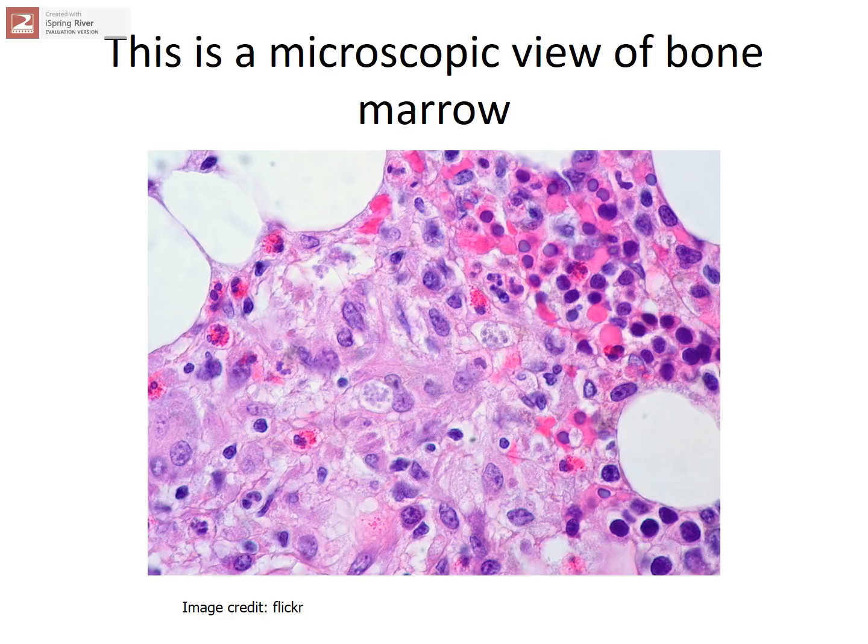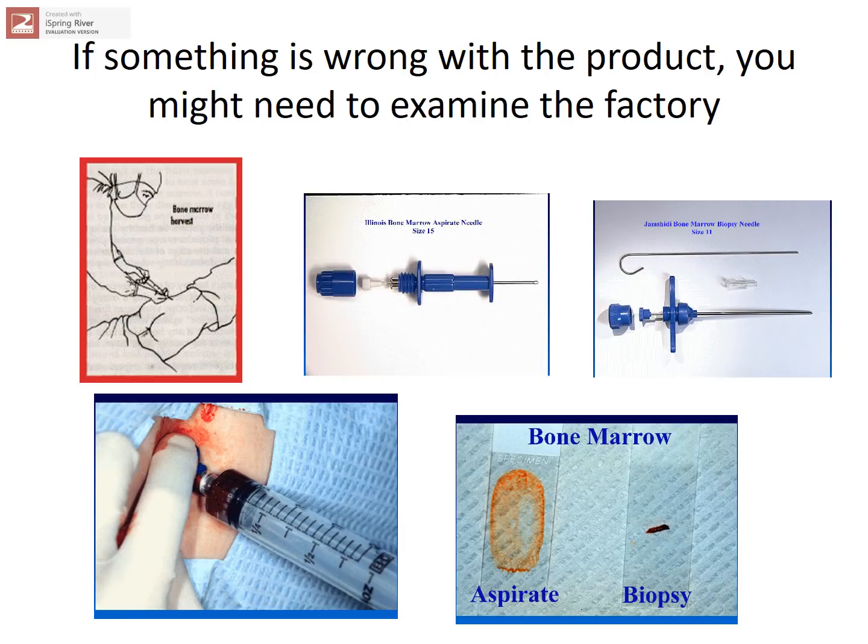It makes sense that if an individual is suffering from a hematologic disease and we've ruled out or are unable to diagnose the disease based on simple or less invasive tests, we would collect some bone marrow and examine it microscopically. So in other words, if something is wrong with the product, which are the blood cells, it makes sense to go to the factory.